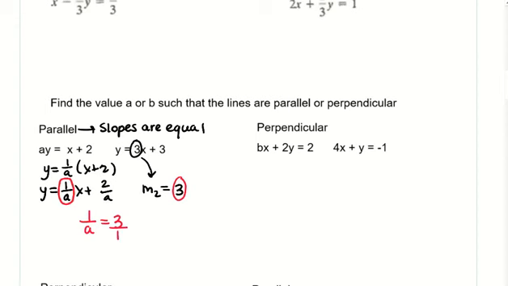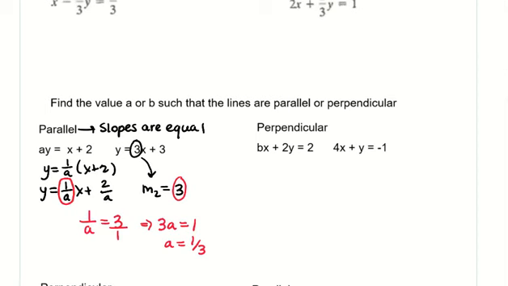I can cross multiply and say that 3a is equal to 1, therefore a is 1/3. This would be a good point to stop and think to yourself, is this reasonable? If I had 1/3 y equal to x plus 2 and wanted to solve for y, I would multiply both sides by 3, and that would give me 3x, which would match up with the other 3x, and I could conclude that the lines were parallel.